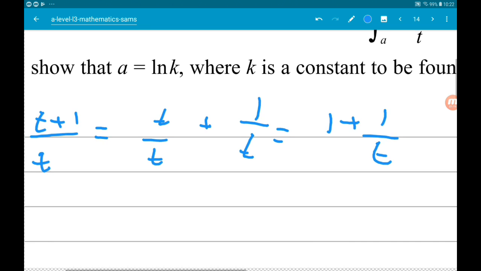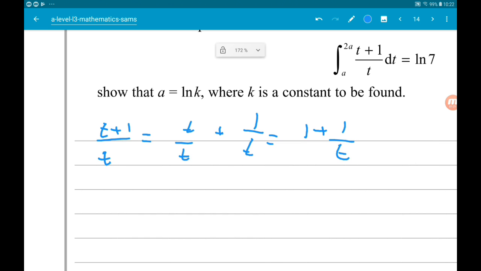So then we are integrating between a and 2a, 1 add 1 over t with respect to t.